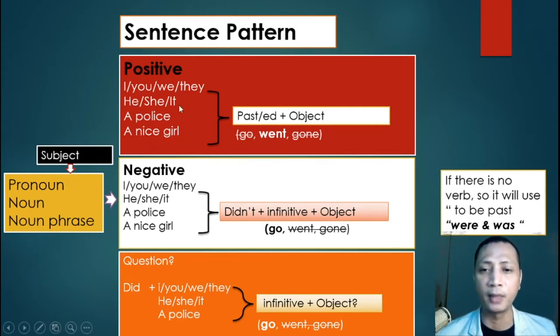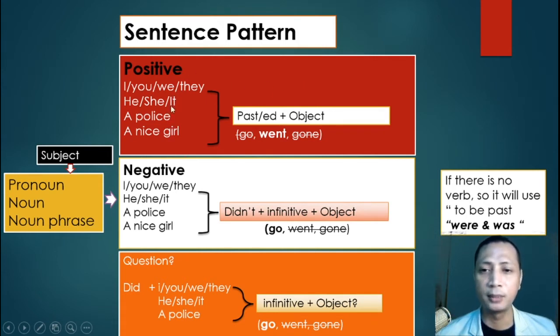Okay, I'd like to explain the pattern in positive. Remember, all the patterns are similar: there is a subject, a verb or linking word, and an object.